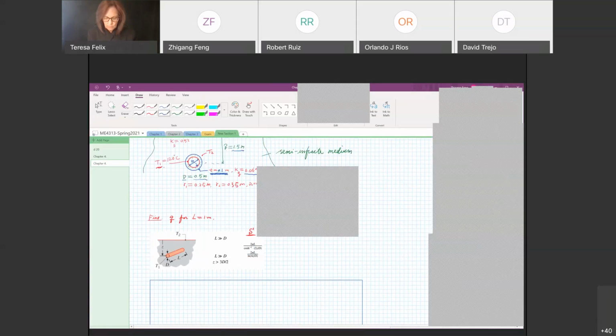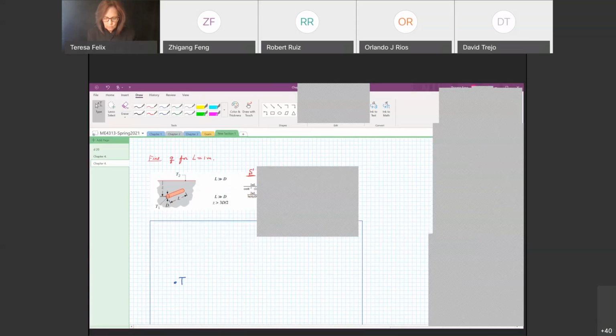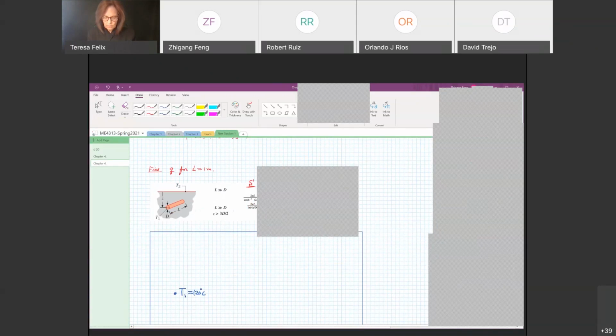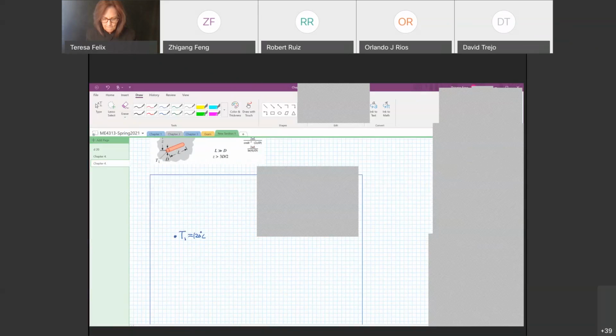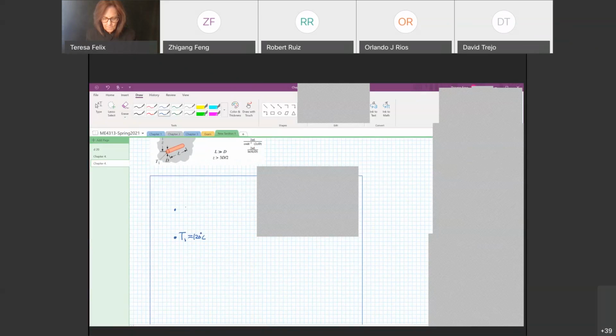I use T sub 1 for the temperature of the pipeline, so T1 equals 120 Celsius. That's the first temperature node. And then we have an insulation layer, which involves conduction, from T1 to T2, where T2 is the temperature of the outer layer, which is unknown. So T2 is the surface temperature at the outer surface of the insulation layer.